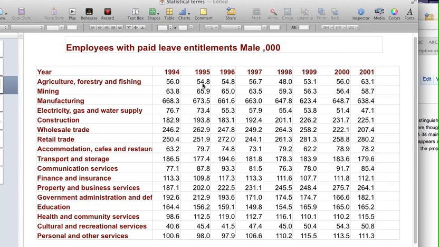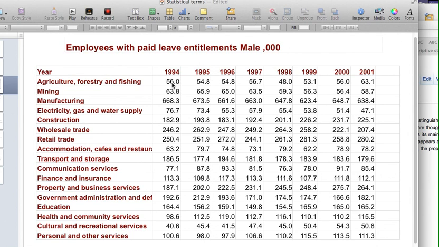It's a raw number. If you look at it, you see agriculture and forestry and fishing. There were 56,000 people, males, who had paid leave entitlements. Now, in order to make sense of that in comparison to all of these other figures, we'd have to know what the total number of people are in each industry.